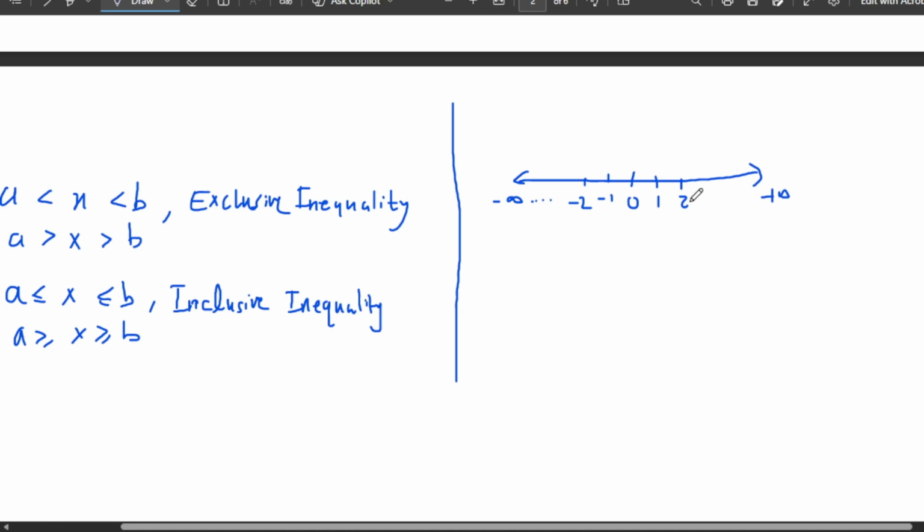You can also write intervals like 1.5, but generally we're going to use the integers 3 and 4 and so on.